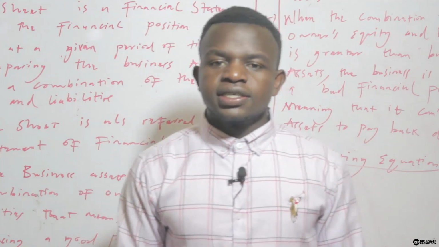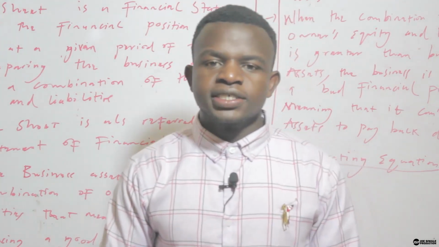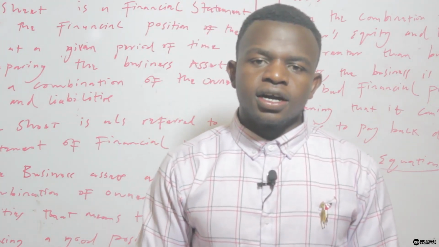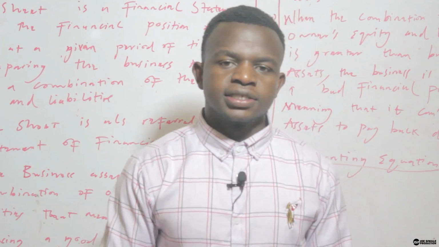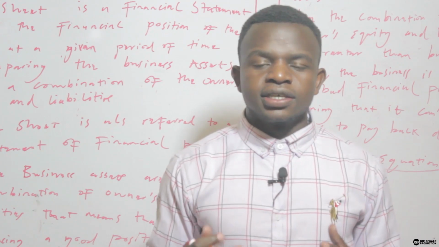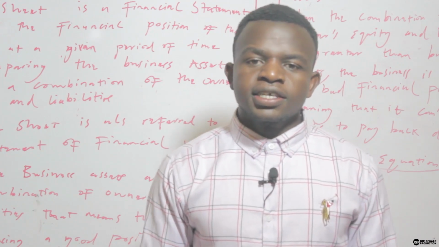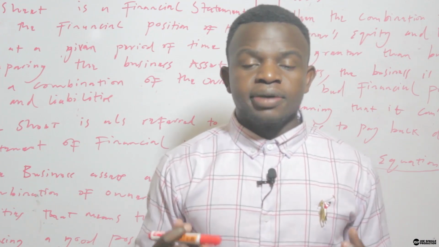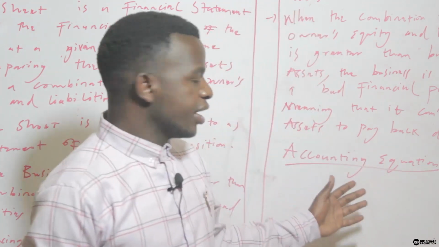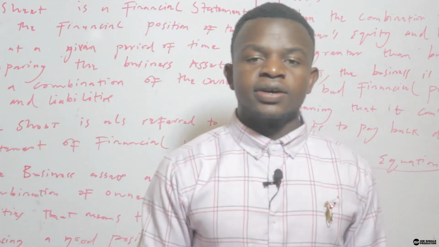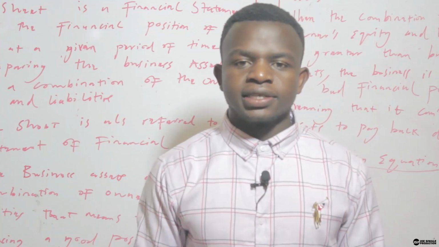So the balance sheet is based on the accounting equation. In the accounting equation, we have assets is equal to liabilities plus owner's equity. And this financial statement is referred to as a balance sheet because the two sides of the equation that I'm going to write down must always balance.